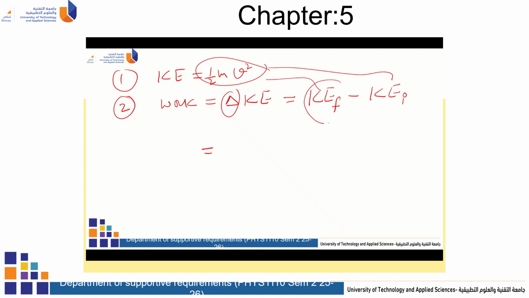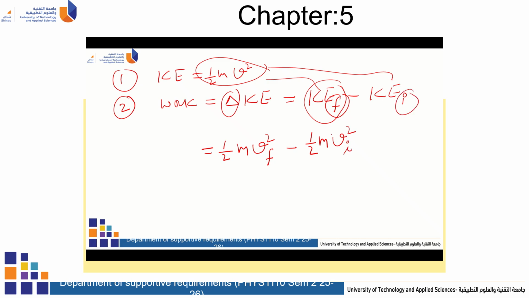For the kinetic energy final, I write half the mass times the velocity squared, but this velocity is the final one. Minus half the mass times the velocity squared, but this velocity is the initial.